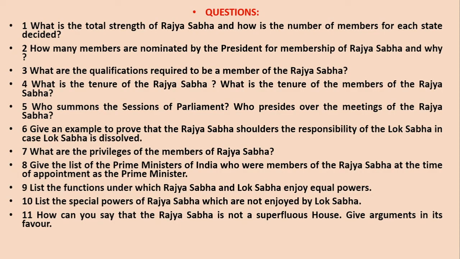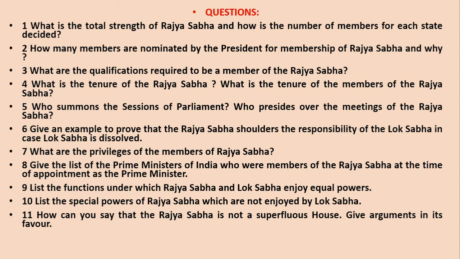Now, I will tell you the topic-related questions on whatever I have discussed with you related to Rajya Sabha. The questions here are: what is the total strength of Rajya Sabha and how is the number of members of each state decided? So, you are to tell the total strength of Rajya Sabha. I think you know very well, that is 250, and elected are 238, nominated are 12.